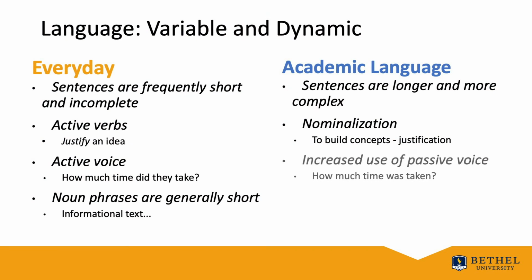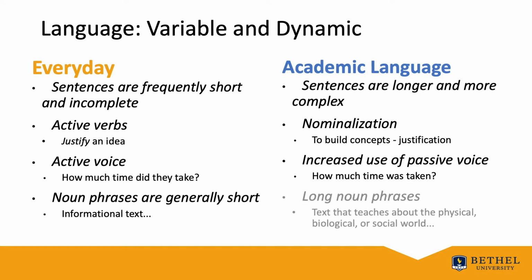Well, no, in academic language, we say one conceptualization might be, and we pack our verbs into noun or noun phrases that represent them. We increasingly use passive voice, or as I might add, passive voice is increasingly used, and long noun phrases predominate. So instead of saying informational text, we might say a text that teaches about the physical, biological, or social world.